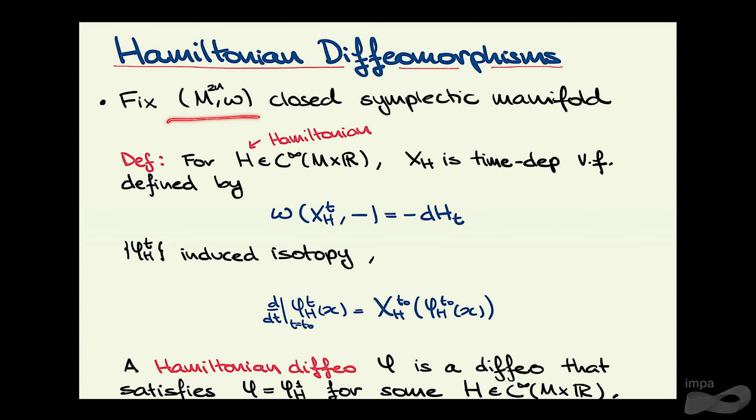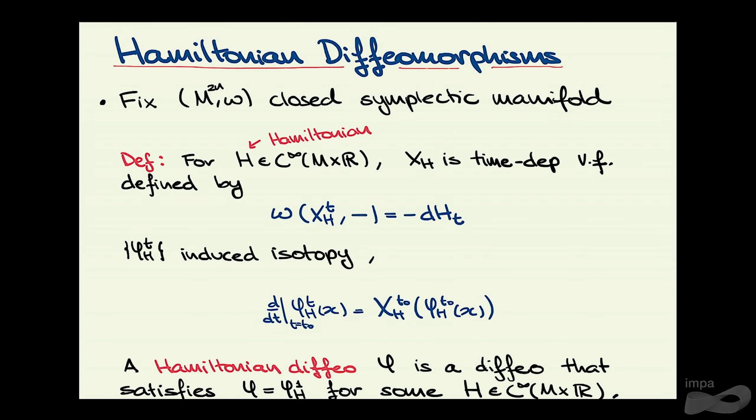Throughout the whole talk, (M, ω) will be a closed symplectic manifold. As most of you know, a Hamiltonian diffeomorphism is the time one map of an isotopy induced by a Hamiltonian vector field, which is defined by this Hamiltonian relation.